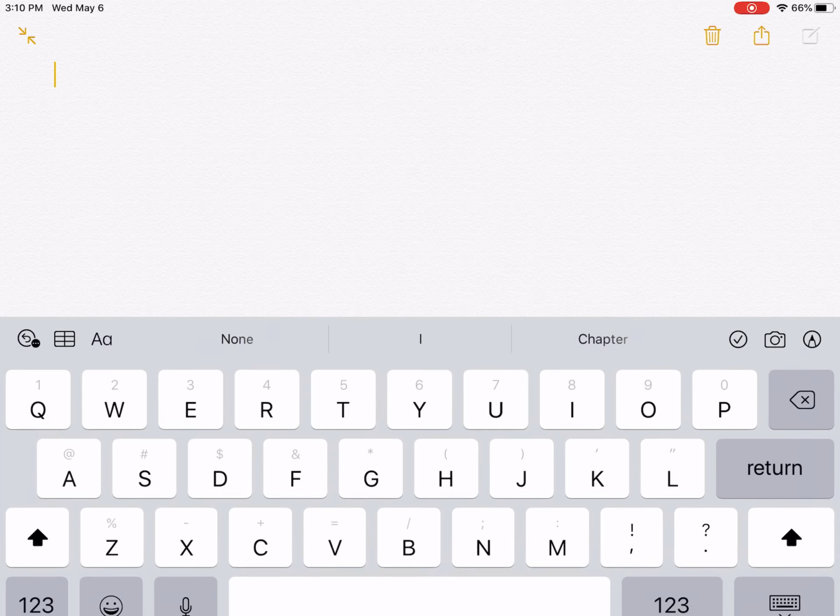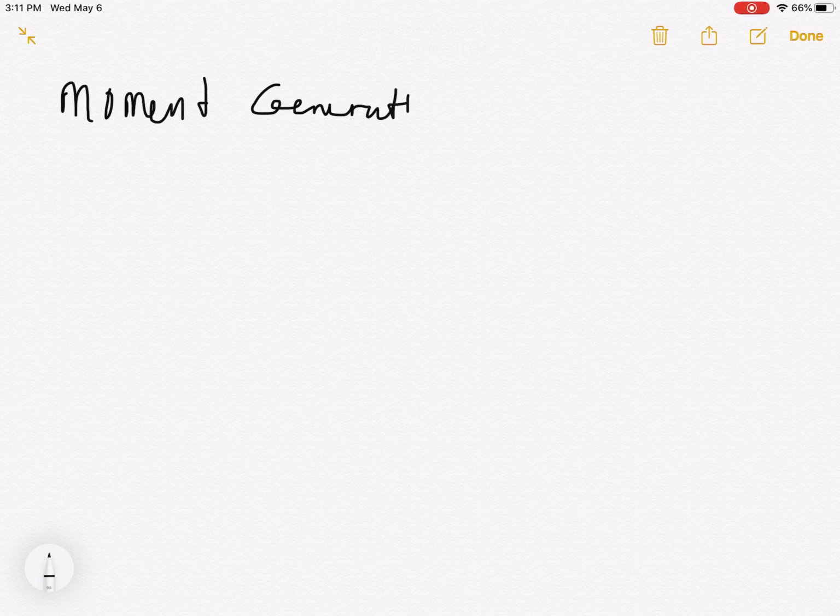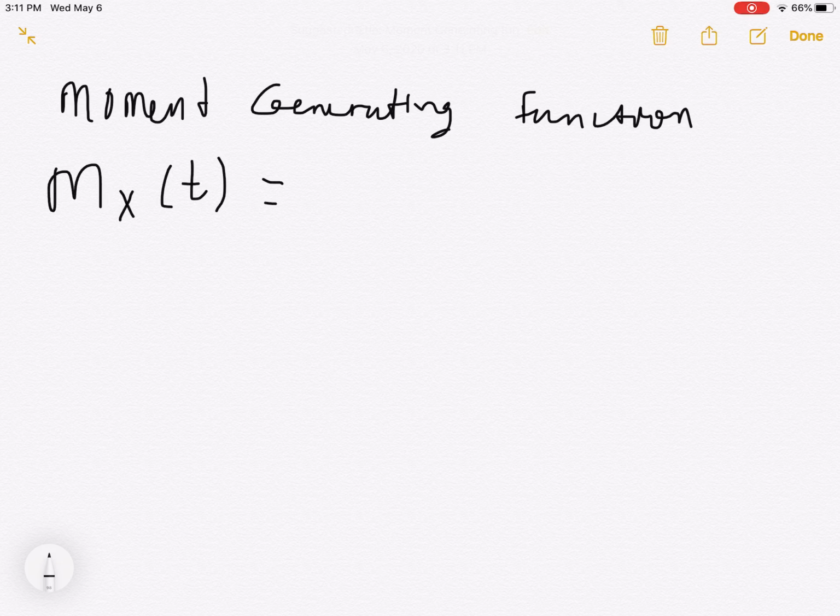Okay, now finally, I'd like to go back and talk to you about something called the moment generating function. It is called M_X of t, and it's defined to be the expected value of e to the t times x.